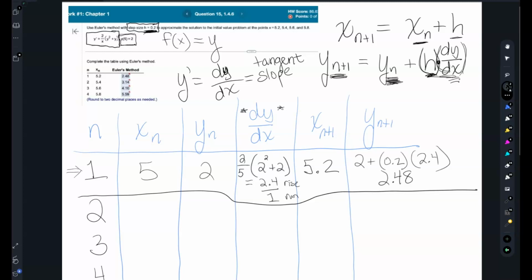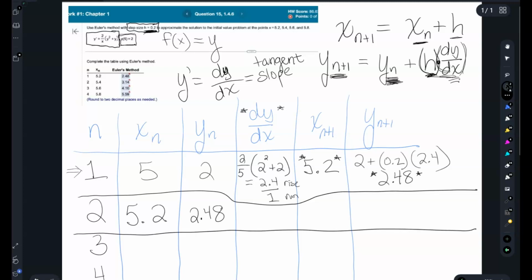So now on the second iteration of Euler's method, my new x value is 5.2. My new y value is 2.48, and that's the x and the y value I want to use now to continue on filling in my table.